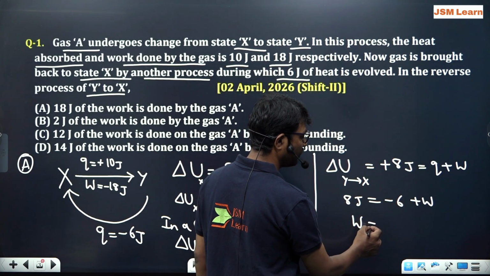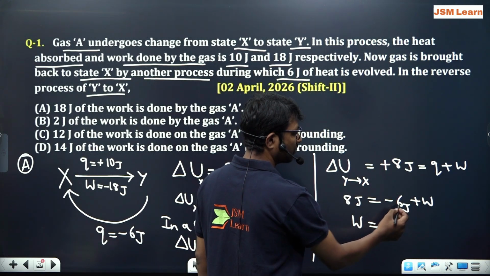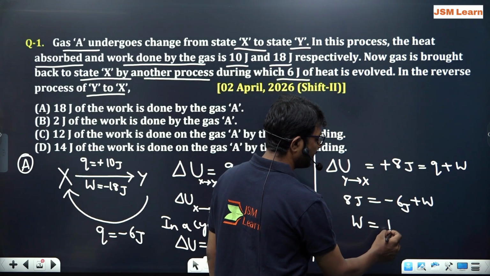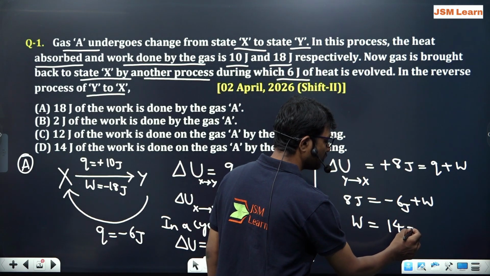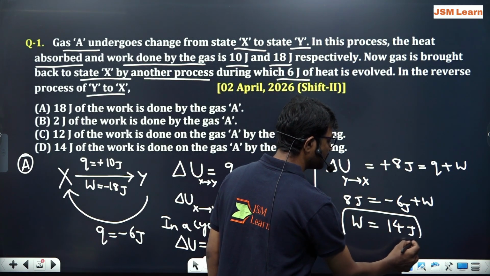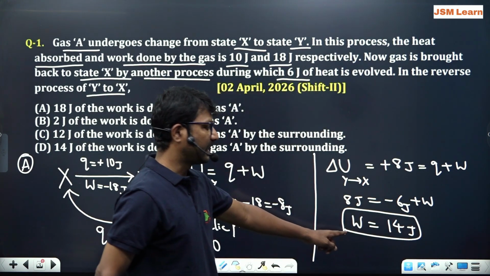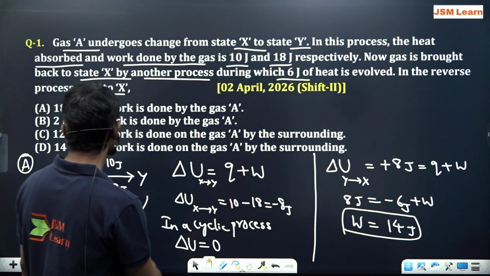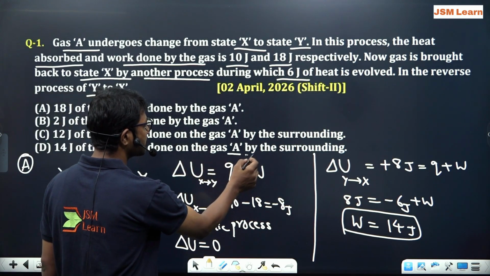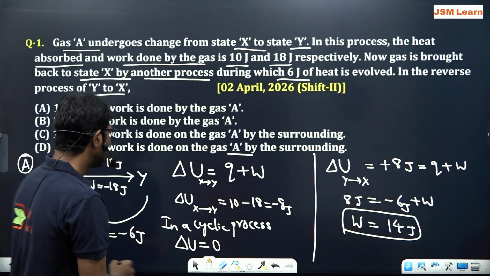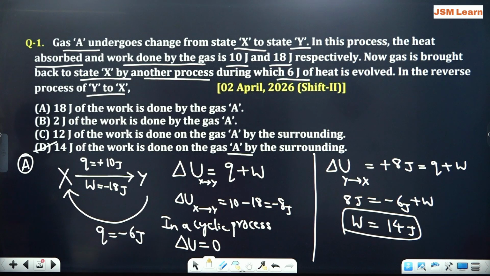The work value we get is 6 plus 8, 14 joules. So 14 joules of work is done on the gas by the surroundings. So option D, 14 joules of work done on the gas A by the surroundings, is correct in this question.